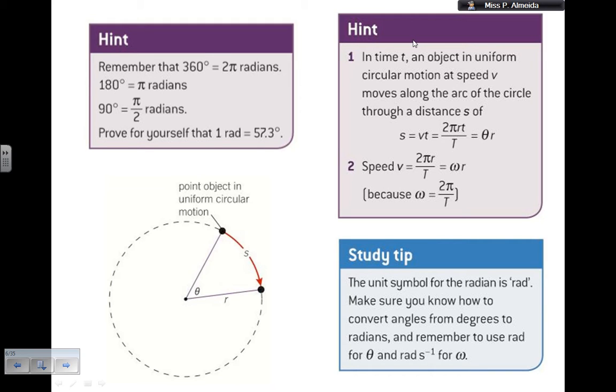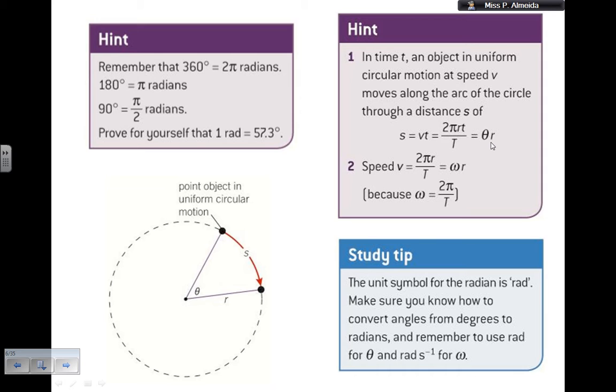Another hint, so if you have a certain time and you have an object moving at a speed v, and going through a certain distance s, that distance is going to be v times t, just like in linear motion, but because I'm going in circular motion, it is going to be 2 pi r times t, the time, divided by big T, the time period, which is going to be theta r, where theta is the angular displacement, times r, the radius of the circumference, okay?